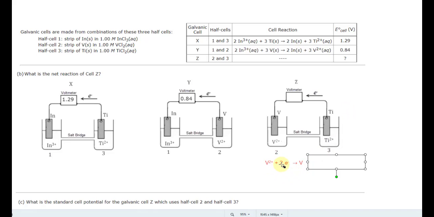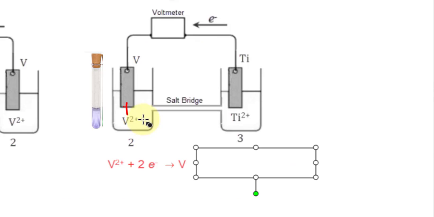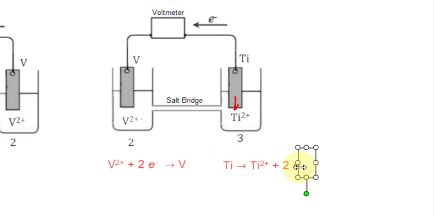So here we've got our vanadium coating, growing crystals, being plated, turning into more vanadium. So this solution will be getting less concentrated. This beautiful color of vanadium plus 2 will be fading as it turns into vanadium metal. And our titanium will be doing the opposite.